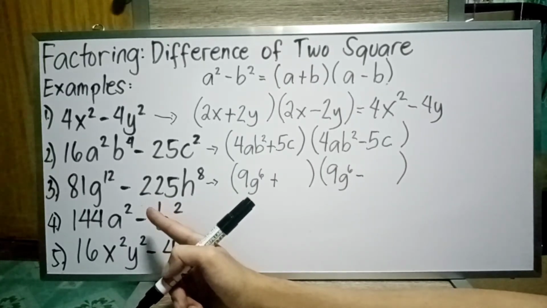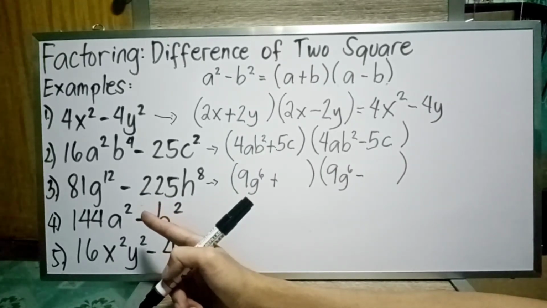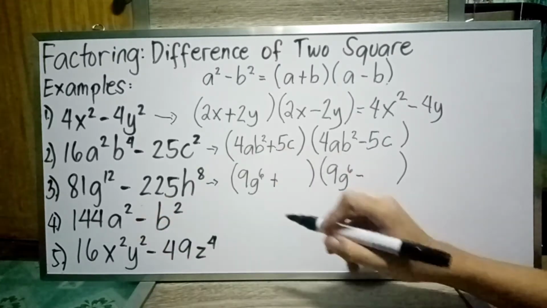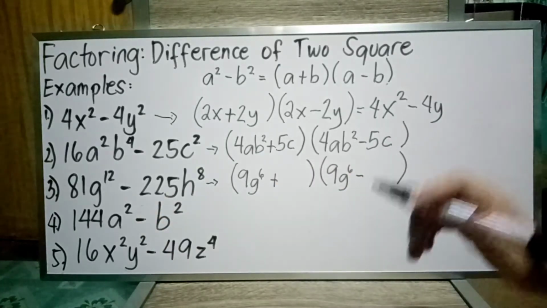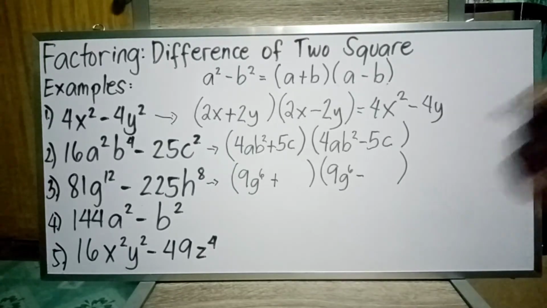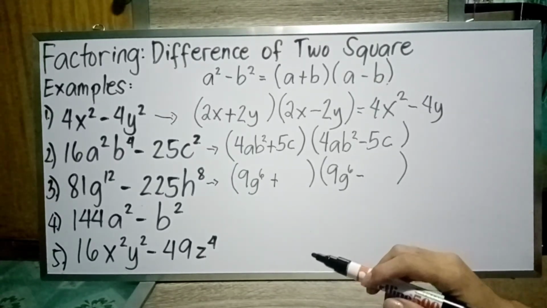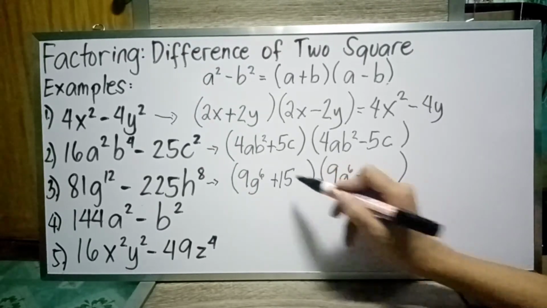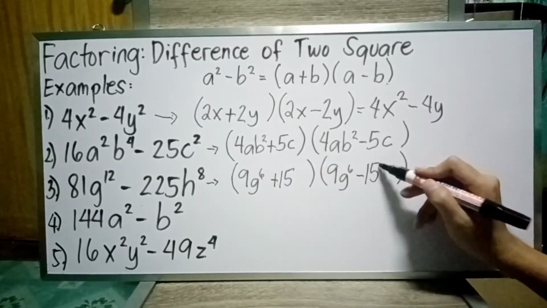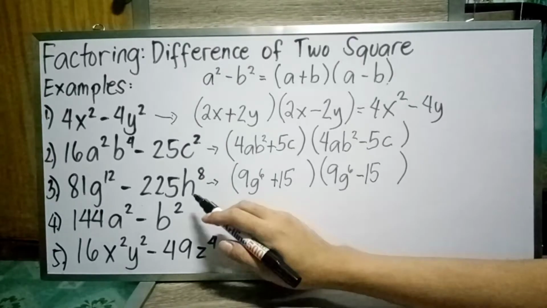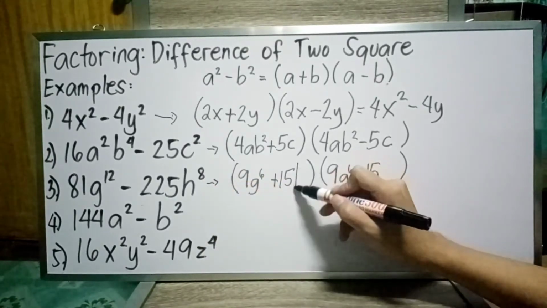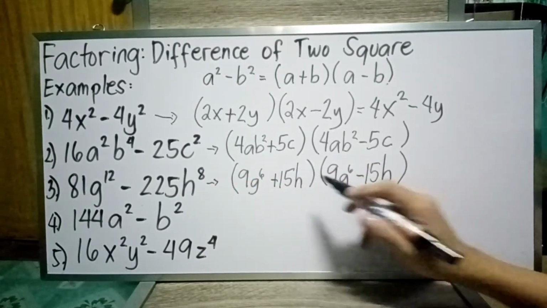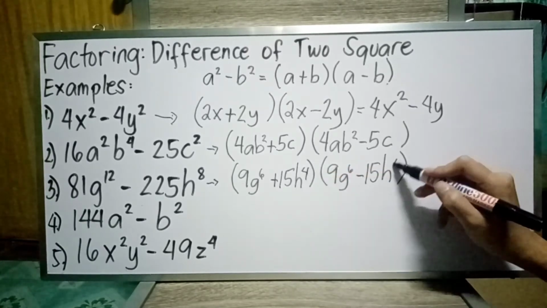What is the square root of 225? Okay, so the square root of 225 is 15. So write 15 here, 15 here. And then h to the 8, we're going to make it h to the 4th and h to the 4th.